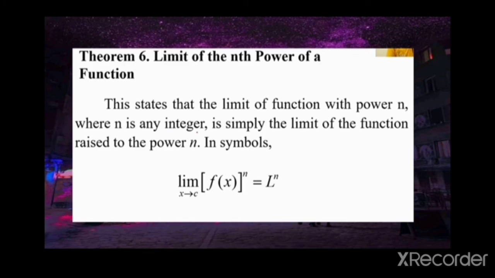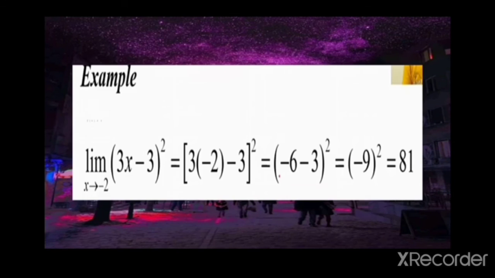To understand this one, let's have a simple example. What if we have the limit of (3x minus 3) squared as x approaches -2? What we need to do is to solve first the limit of f of x before we raise that one to the power n, or the power 2.